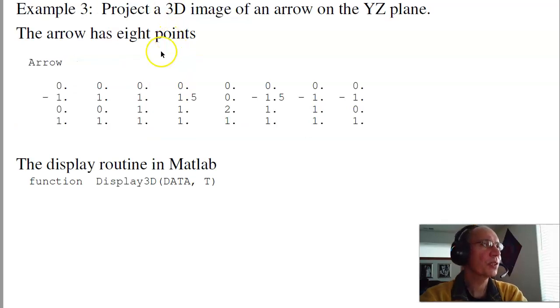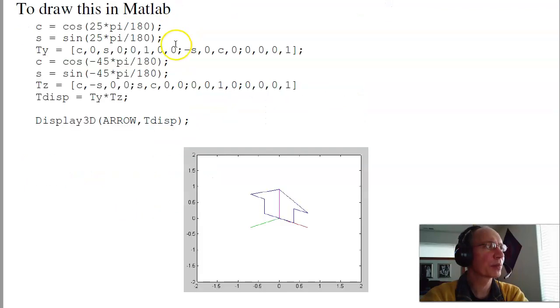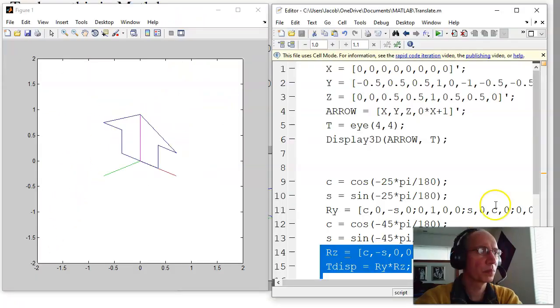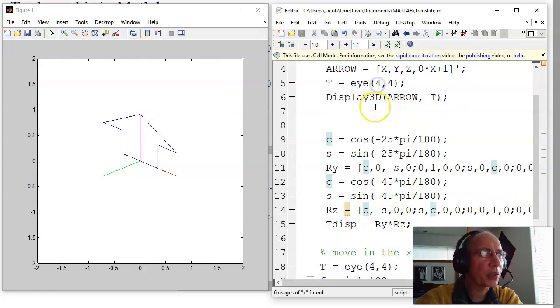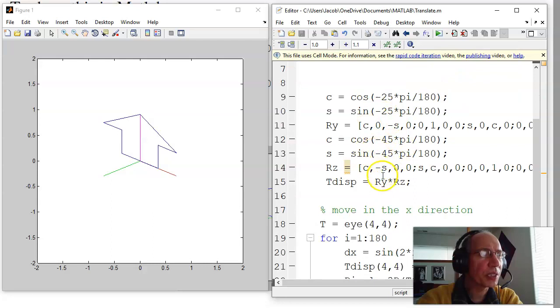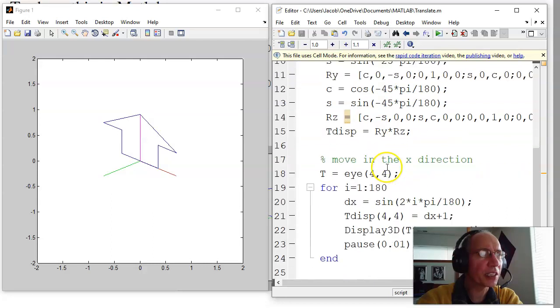To illustrate how that works, let's take the arrow that we drew before and my display 3D routine in MATLAB. If I take an arrow and try to display it, here's my arrow up here. I'm going to set it to orthographic projection, that's this section of code.